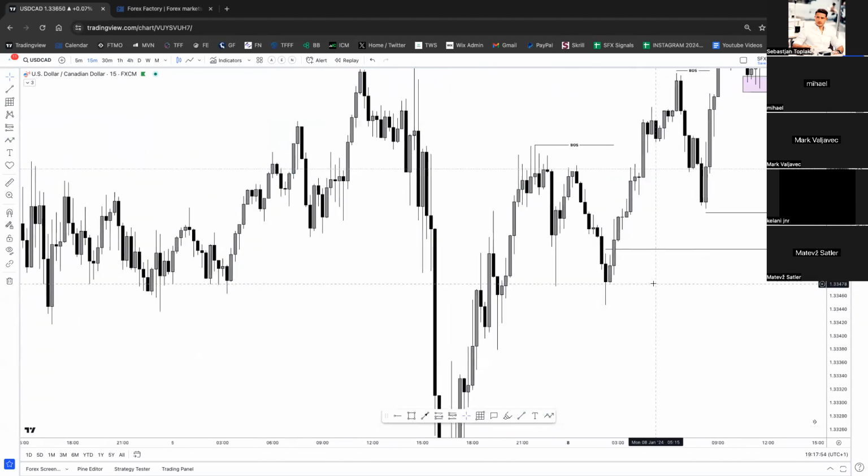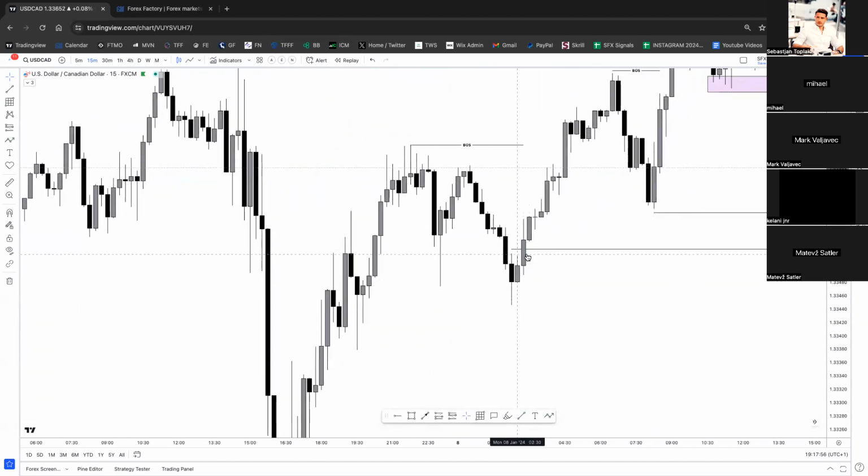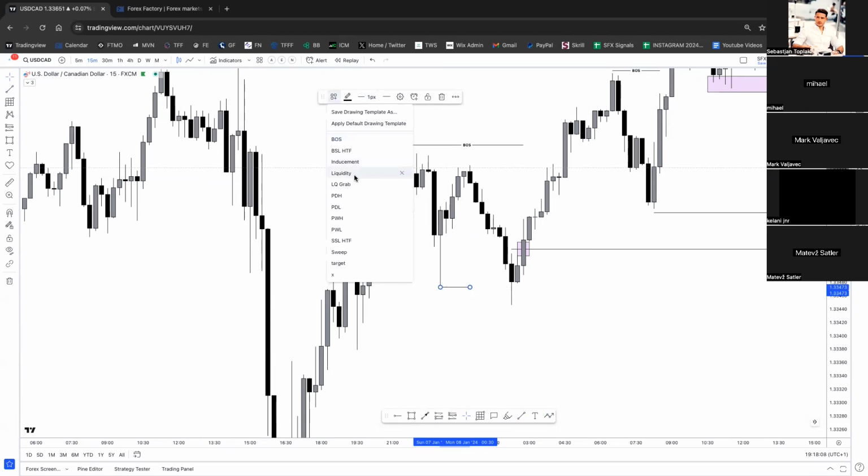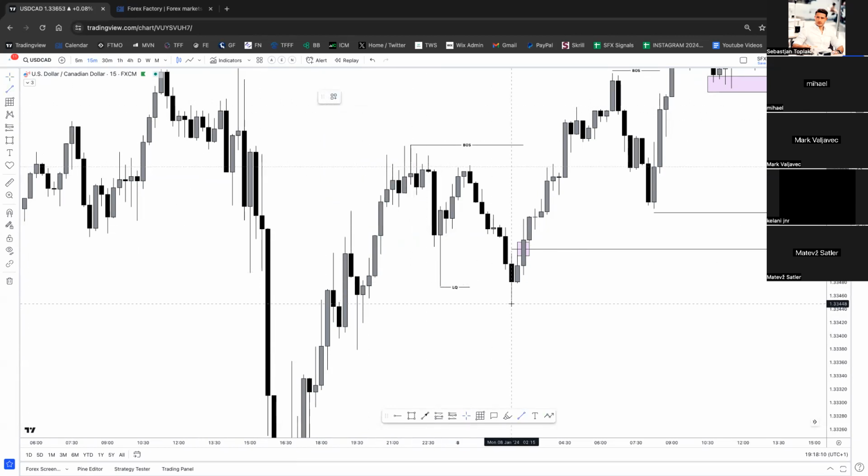Then if we zoom in and dive deep into this situation, we have imbalance, we have order block, we have sweep of liquidity of this low as well. Okay, so this is also good. We had the sweep. So those are all the confluences.